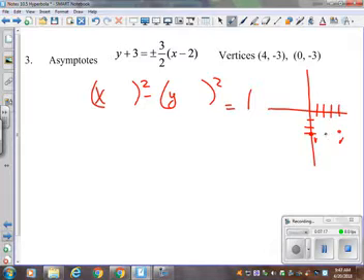Correct. (2, -3) would be halfway because it's 2 to go from 2 to 4, and it's 2 to go from 2 to 0. So in that case, I know that the over 2 goes with X, and down negative 3 makes this plus 3. Everybody agree? So we've got half of our formula already filled out.